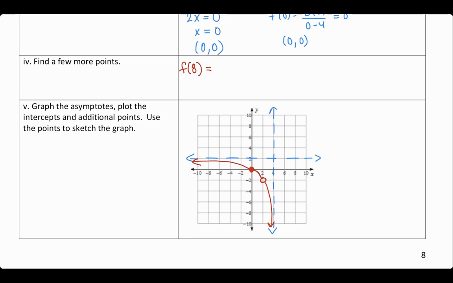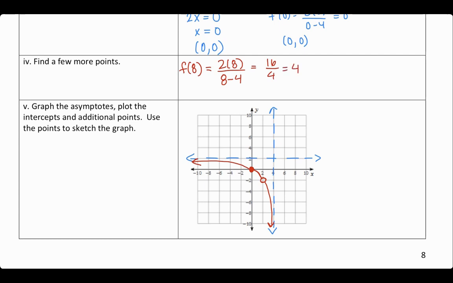I'm going to plug 8 in for x. So I have 2 times 8 divided by 8 minus 4. I'm plugging it into the simplified version. You could plug it into the original one, but the original one's got a lot more going on. I'm just going to go simple. So I have 16 divided by 4, which is 4.